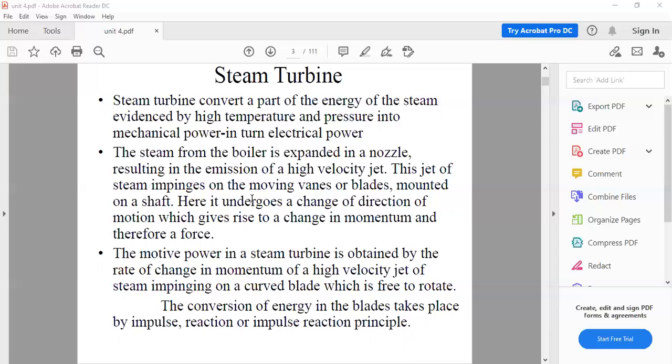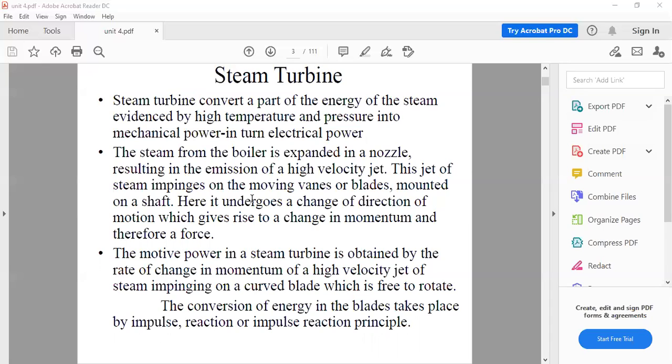So the steam from the boiler is expanded in a nozzle, resulting in the emission of a high velocity jet. This jet of steam impacts the moving vanes or blades mounted on a shaft. Here it undergoes a change of direction of motion, which gives rise to a change in momentum and therefore a force.